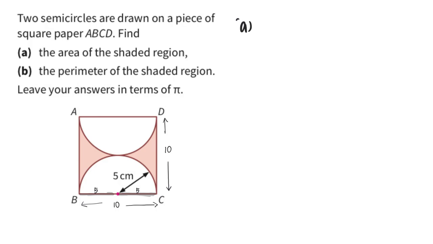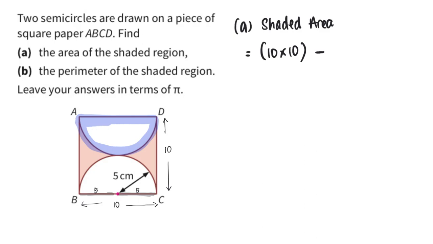So for part A, the shaded area is simply the square, 10 times 10, minus away the two semicircles, and two semicircles make one circle, yeah?